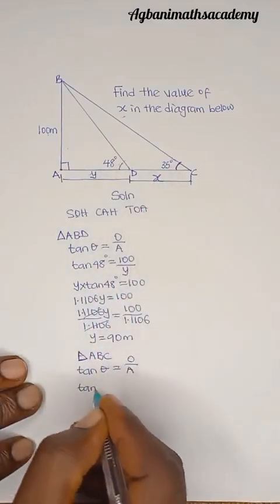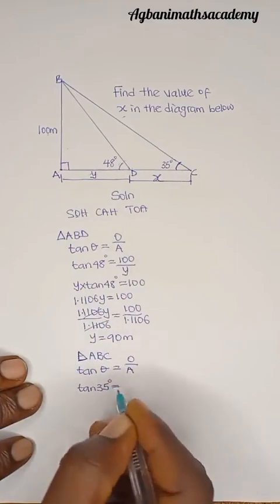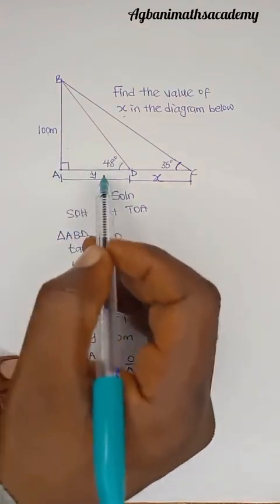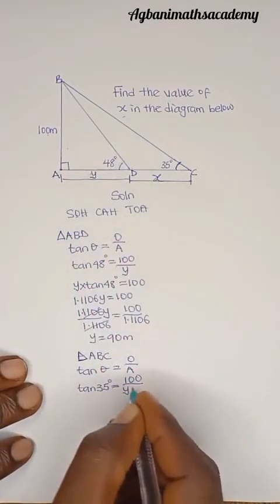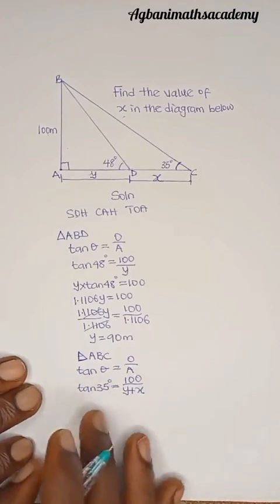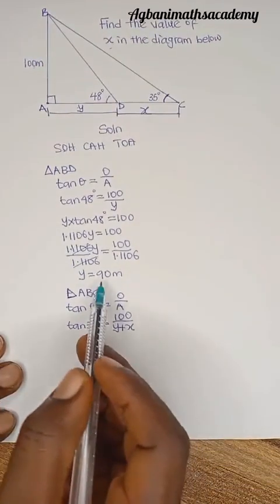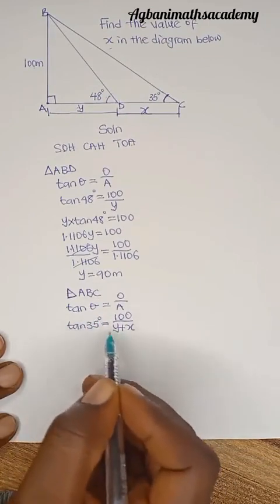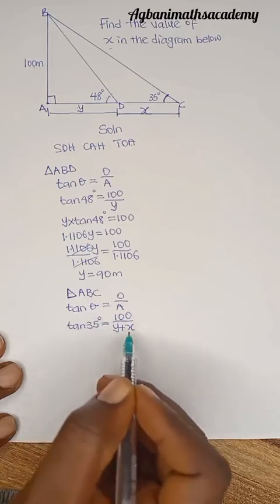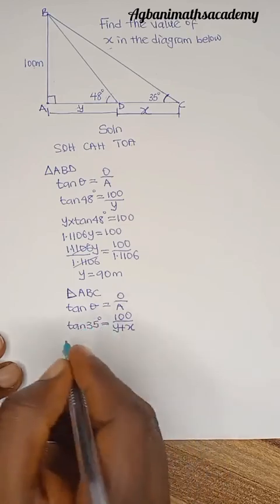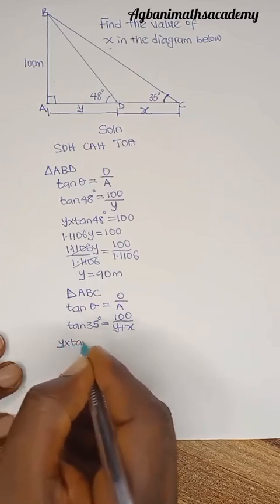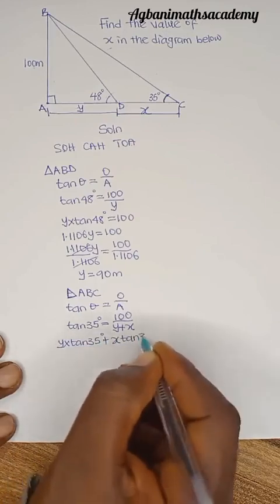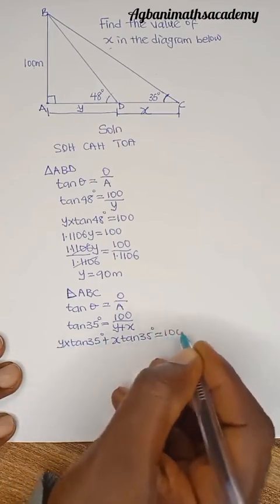So tan 35 degrees is equal to opposite 100 all over adjacent y plus x. But we know that the value of y is 90. Okay, so we are going to use this denominator to multiply this numerator. So y is going to multiply tan 35 degrees and x is going to multiply tan 35 degrees. So we have y multiplied by tan 35 degrees plus x multiplied by tan 35 degrees is equal to 100.